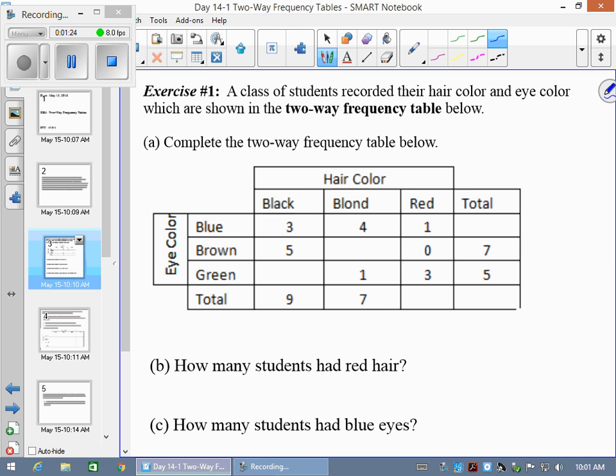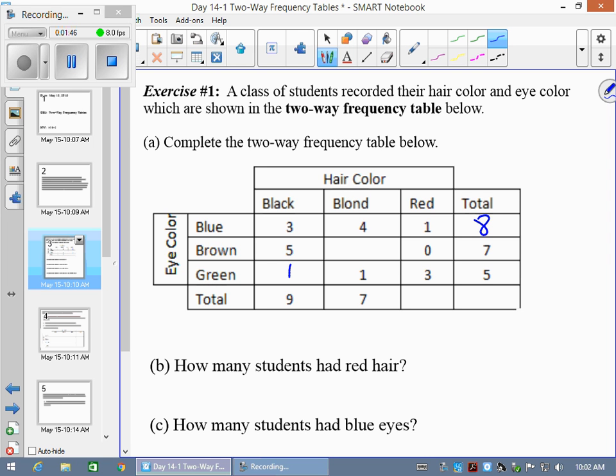Well, it's 3 plus 4 plus 1, so there's 8 total here for my blue eyes. I have a blank down here for green eyes, in the column for black hair. There's 9 people that have black hair, so 3 plus 5 gives us 8, so there must have been one person with green eyes that also had black hair.